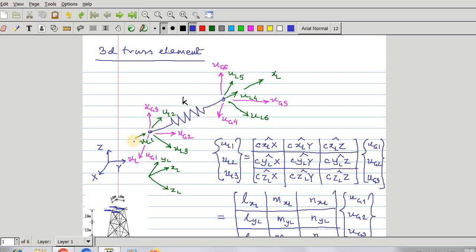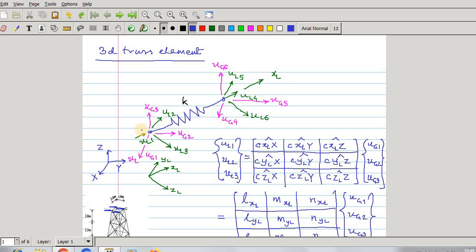So let us take this as the local axis. XL is the local axis, and YL and ZL constitute a plane perpendicular to the local x-axis, and YL and ZL are arbitrarily taken.